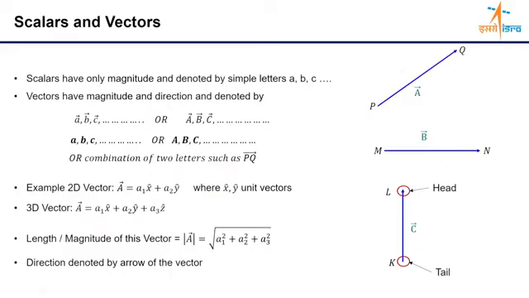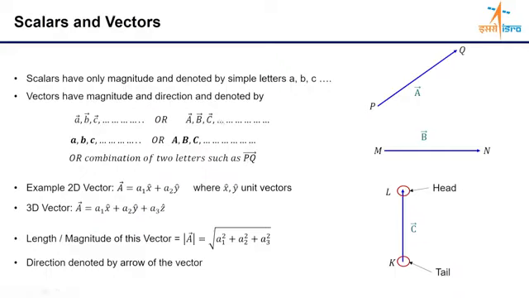So this is a vector quantity which has the magnitude as well as the direction. This vector is denoted by a capital letter with an arrow, or you can also represent it as PQ with an arrow, just like it is mentioned here. PQ means the vector starts from P and ends at Q, and this is the vector notation.